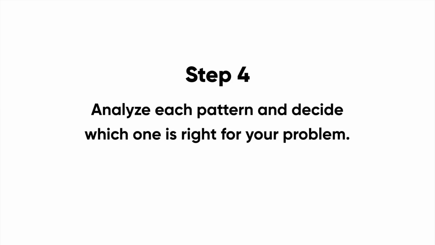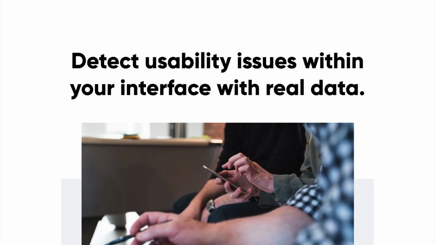And then once you've chosen a pattern, analyze those patterns and decide which one is right for you and your problem. That could mean that you found a certain pattern that you like and you dig deeper to see other similar products that have that pattern, and you can decide which variant would help you better. So step number one is to detect those types of issues, but you should be doing that with actual data.